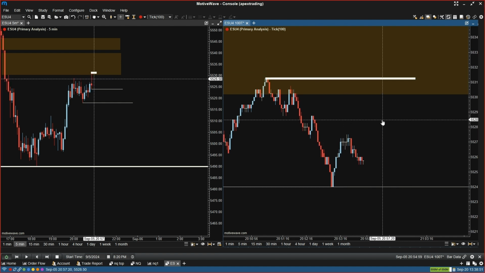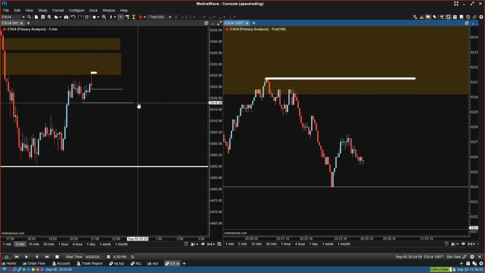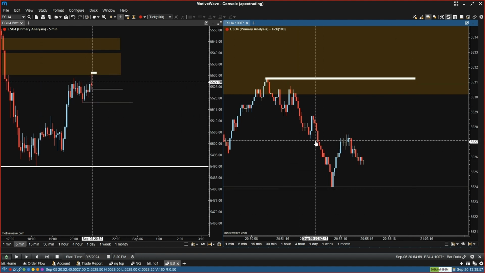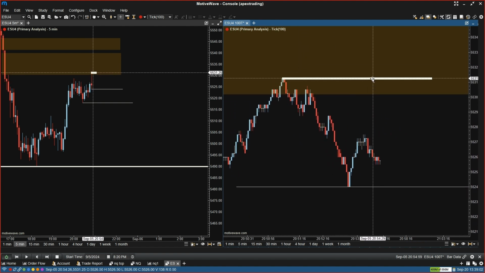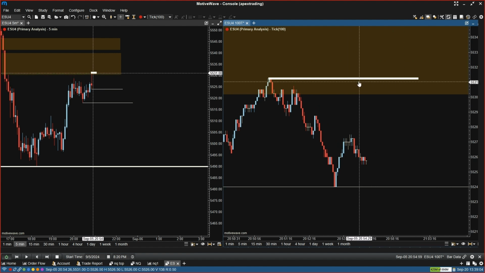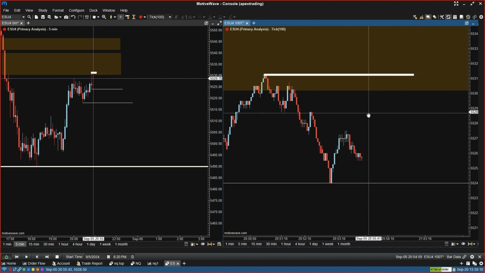When we were looking at the 5 minute, take note the pattern hasn't been built yet here. But we were talking earlier on the 5 minute time frame that this was the point of invalidation, right?